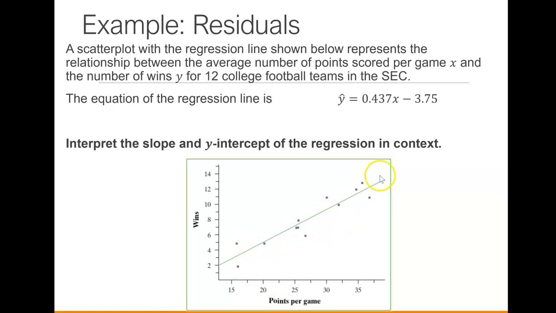If we plotted the data, we might notice, hey, that's a pretty nice looking linear relationship there. So we calculated a line of best fit, which we found to be y hat equals 4.37x minus 3.75. And we're asked to interpret the slope and the y-intercept of this regression in context.